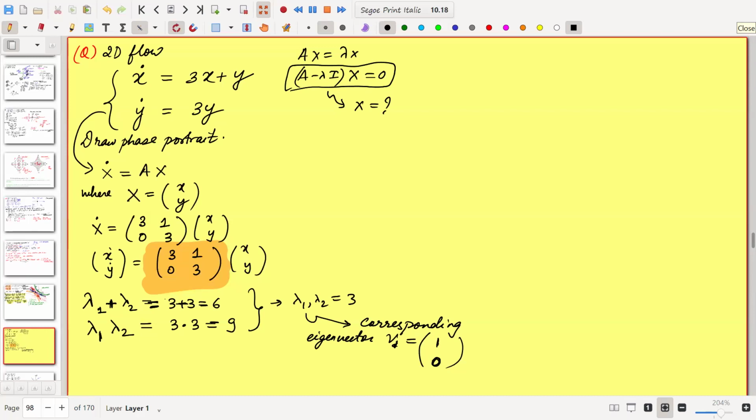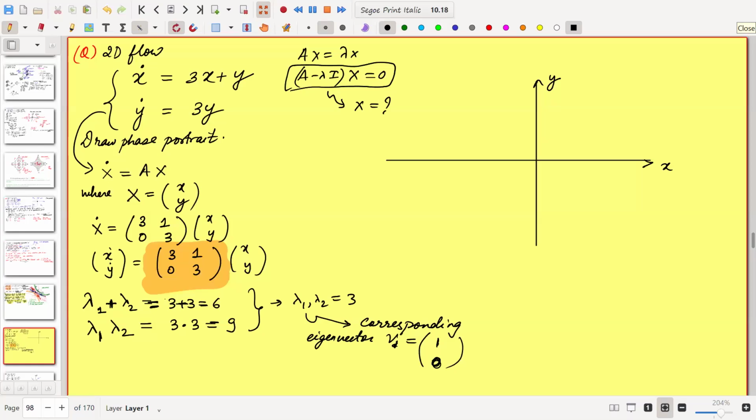Fine. So can we draw the phase portrait now? Let us draw the phase portrait. We will have x and y. Now tell me, the eigenvalues you got, lambda 1 and lambda 2 equal to 3. Are these stable or unstable?